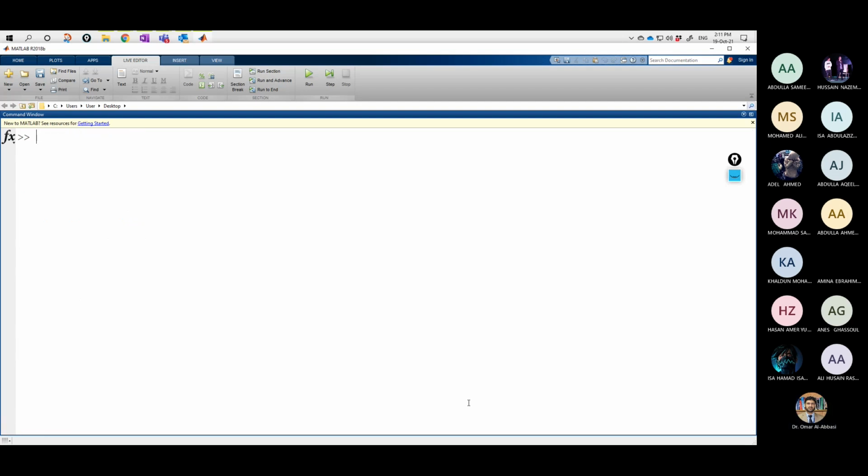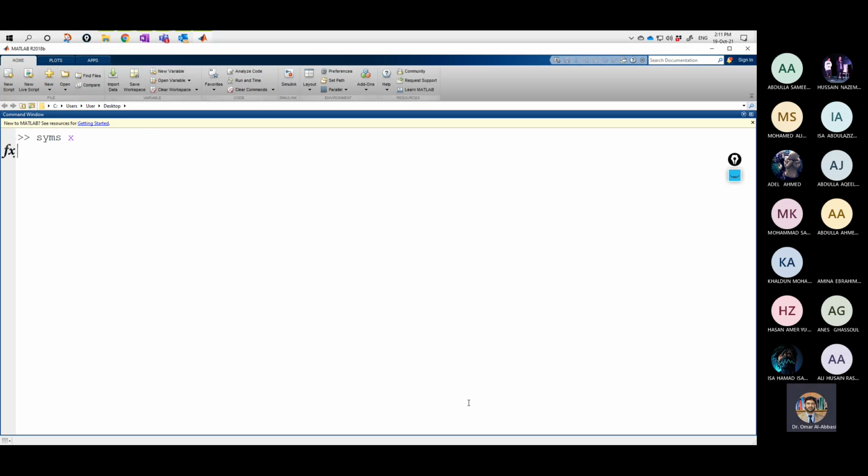So I think I introduced that previously. syms x. I think we talked about it when we talked about the Cholesky method and defining the matrix L symbolically, I introduced syms, right?